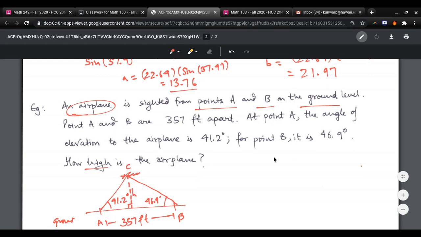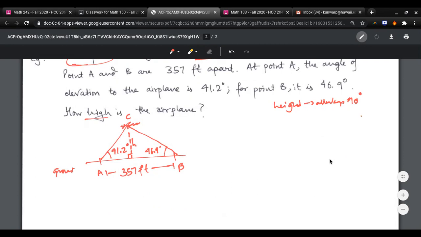Now remember, height is always measured at 90 degrees. Height, altitude, all these words just mean it is going to be 90 degrees. So this is what we are working with. Based on the labeling of this triangle, this is small b, this is small a, and this is small c.